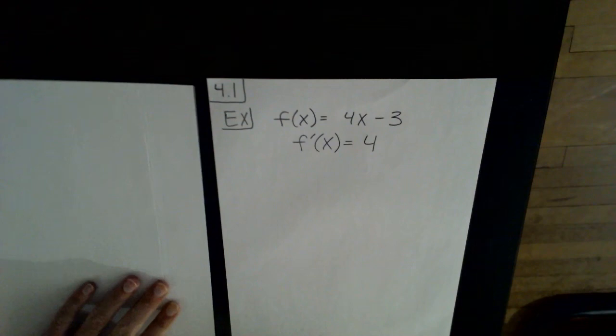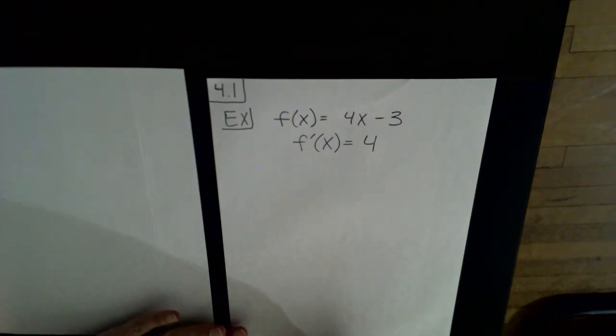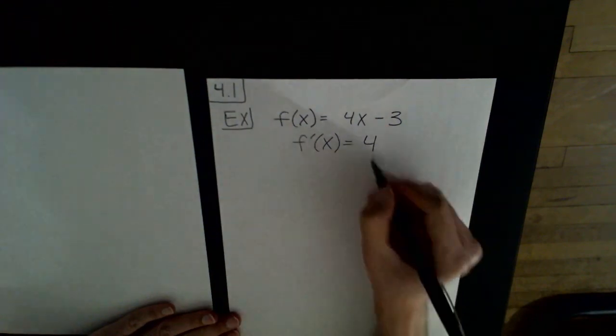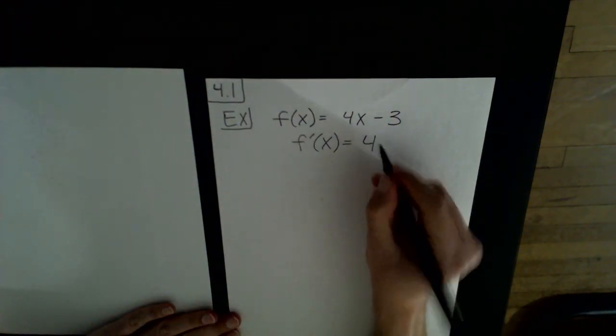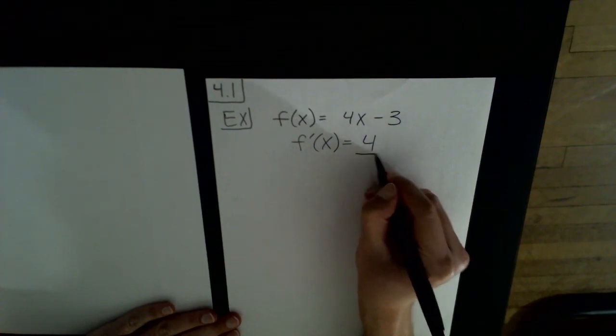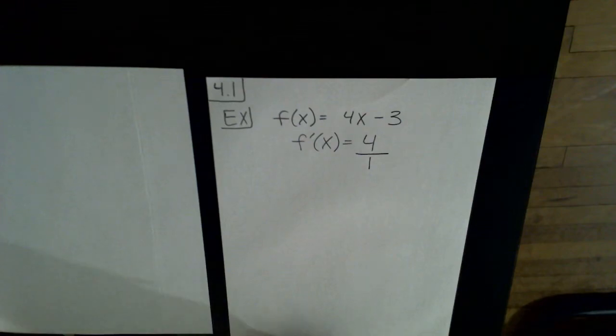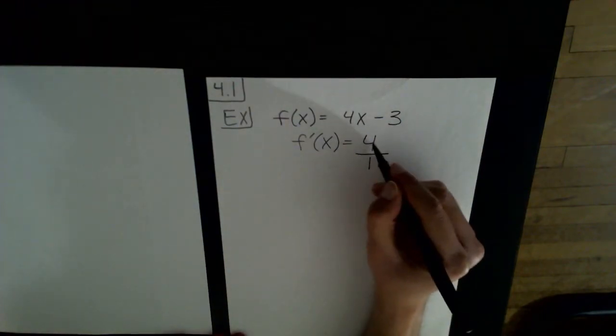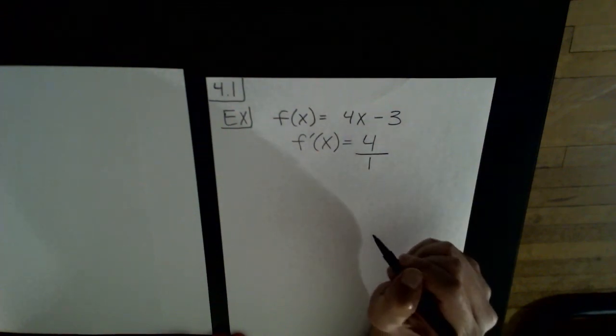Now this one might seem a little bit tricky, but it ends up working out rather nicely. We have f prime of x equals 4. If we were to rewrite this as a fraction, like we did in the last problem, we would put it over 1, as anything is the same thing as itself over 1.